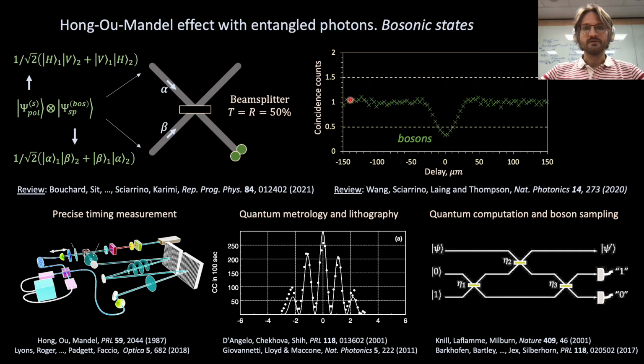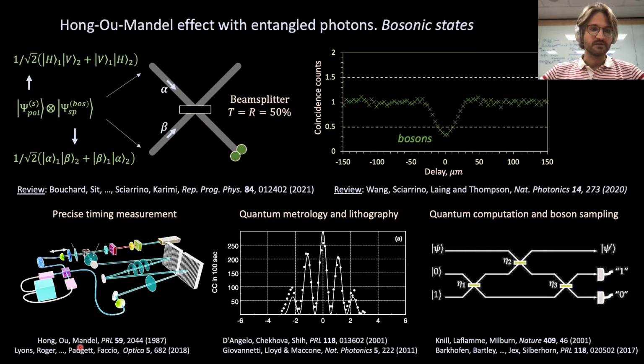When the photons arrive at different times, they do not interfere and split randomly between output ports, and we have some reference level of coincidences. But when photons overlap on the beam splitter, they interfere and the Hong-Ou-Mandel effect takes place, and we observe the dip in coincidences.